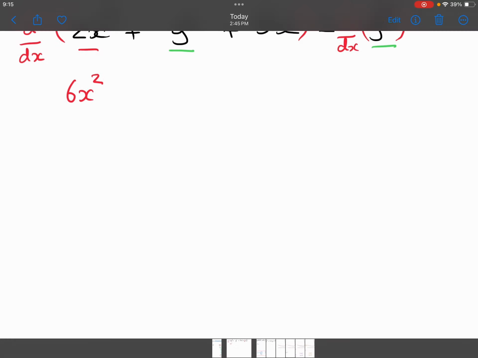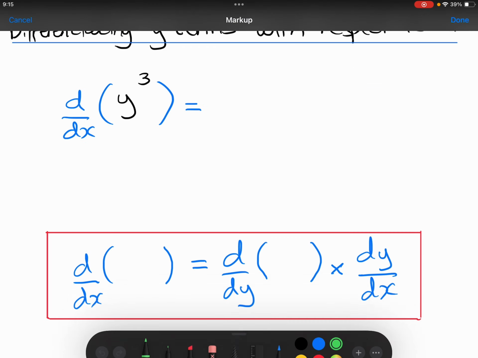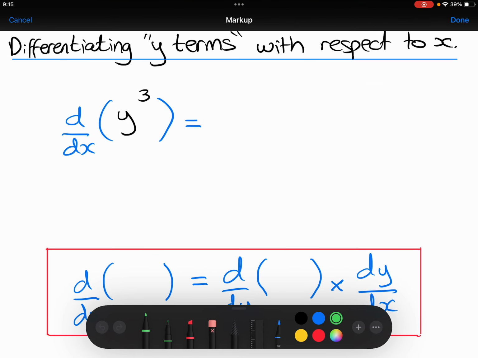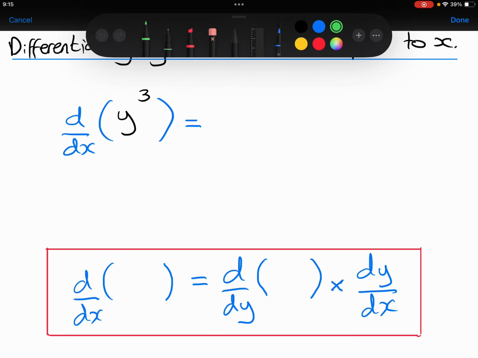So what we have to do is use the chain rule. If I want to differentiate something with respect to x, what I could do is differentiate with respect to y instead, as long as I multiply by dy by dx.